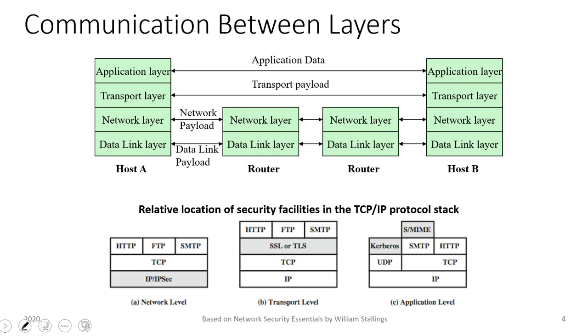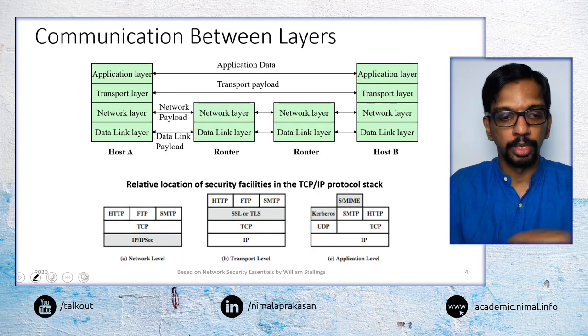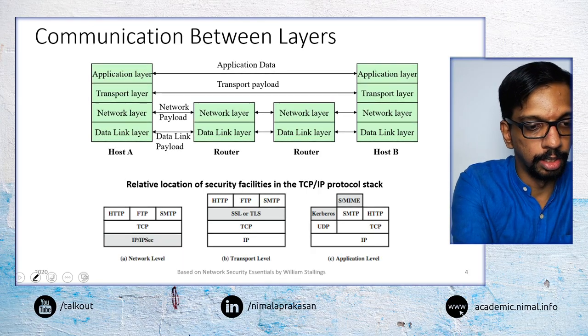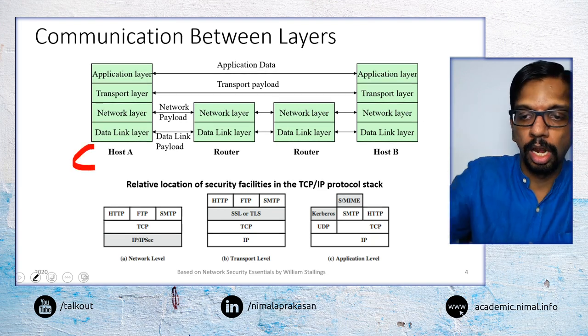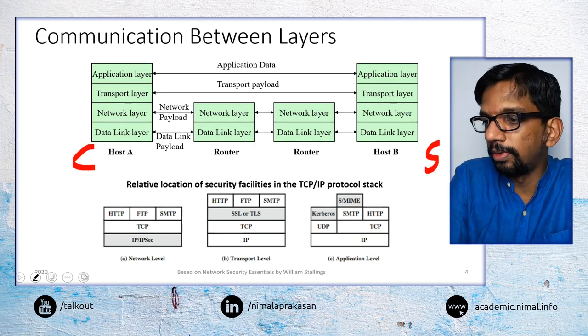So when we think about traffic or communication, when we are thinking of web traffic, for example, there is traffic or communication happening at various layers. So if we take a communication between two entities, let's say host A to host B, where host A could be the client and host B could be the server.